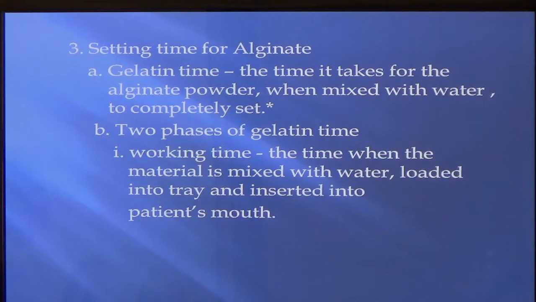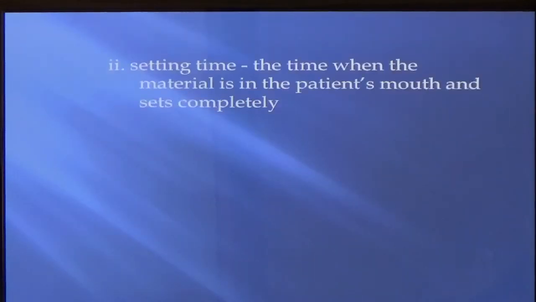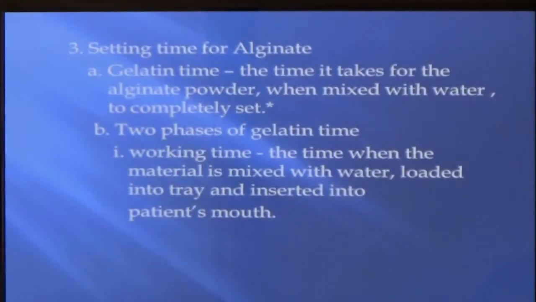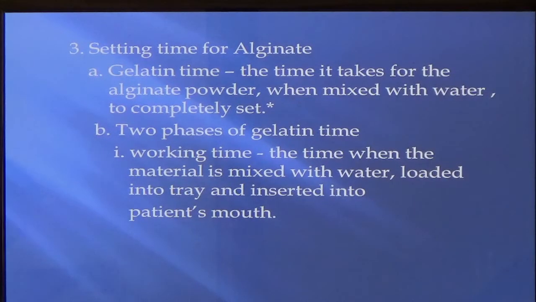Okay? That total working time is divided into mixing time. You start to mix, there's the mixing time. And usually, for fast set, you have about 15 to 30 seconds to mix, okay? And then you've got about another minute and a half of setting time.